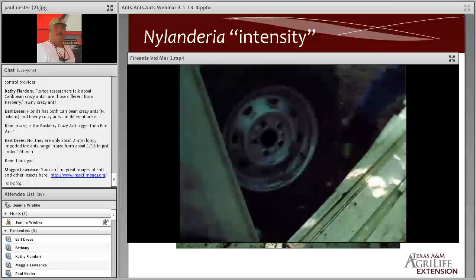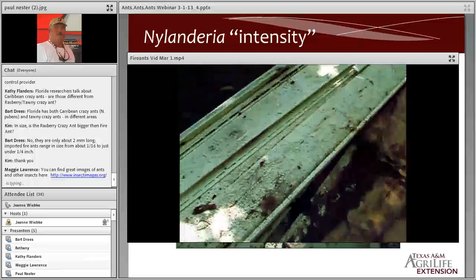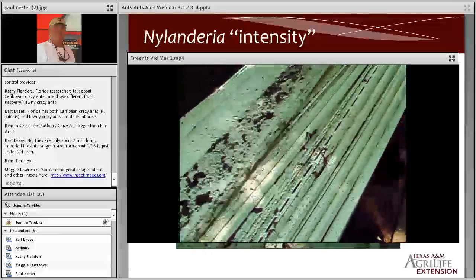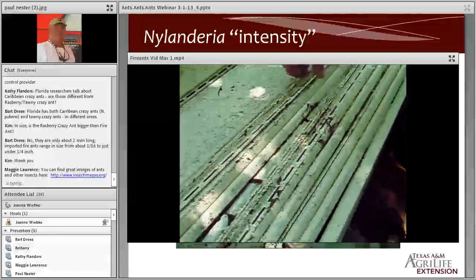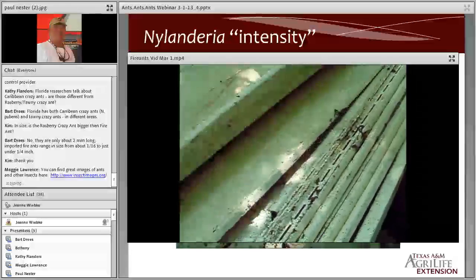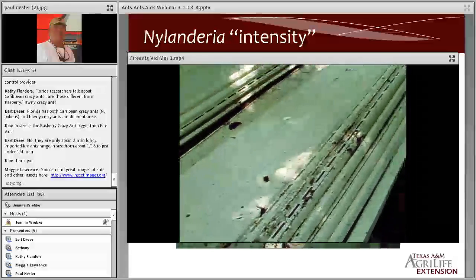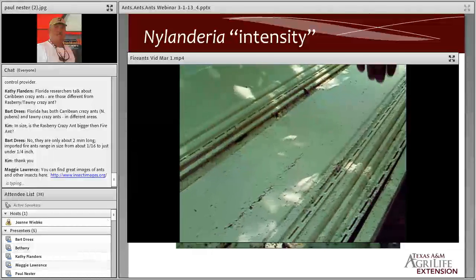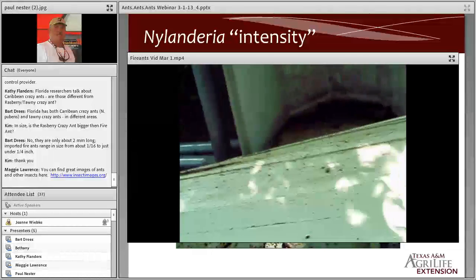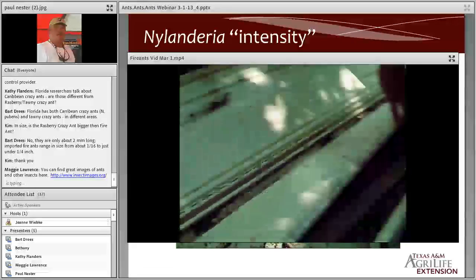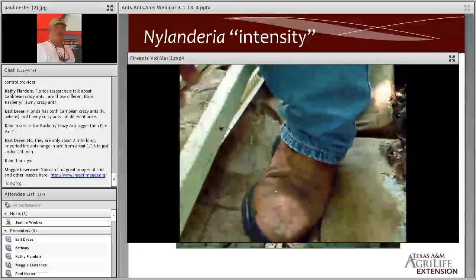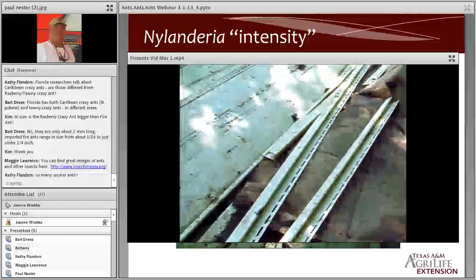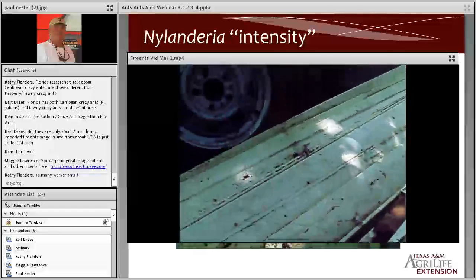If the video is being shown, what we're seeing is a population of Nylanderia fulva on siding of the homes. What I want you to really look at, as they start to lift up the siding, is the amount of ants underneath the siding itself.